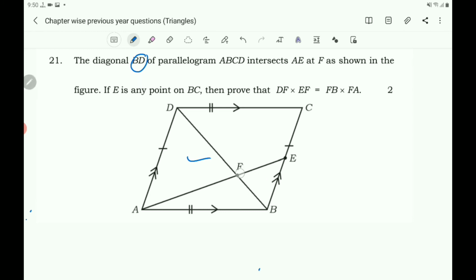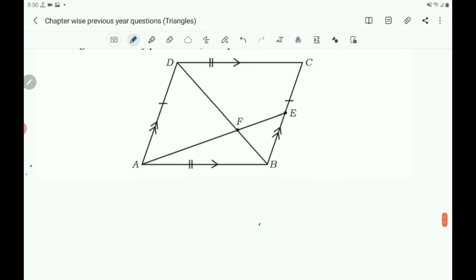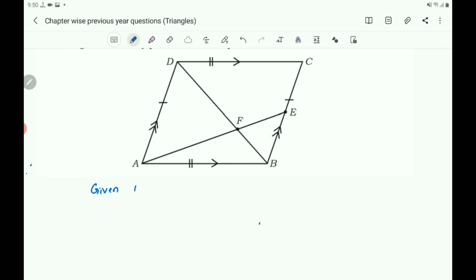So you write here, given ABCD is a parallelogram. ABCD is a parallelogram means opposite sides are parallel and equal.